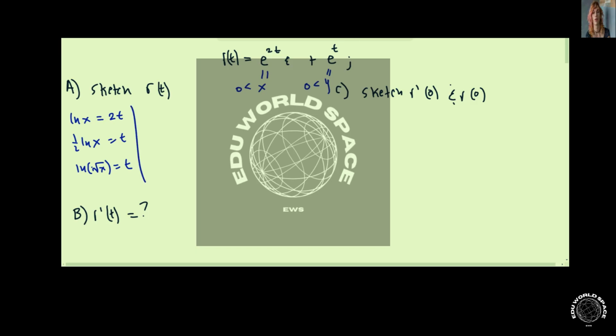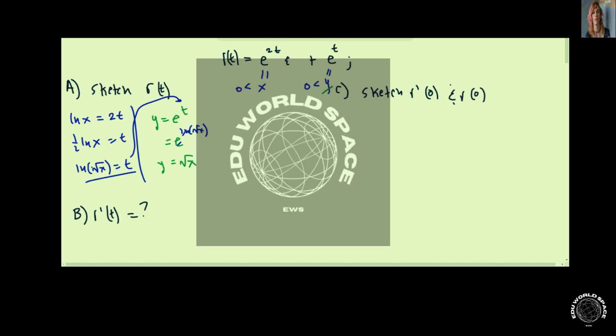Now, let's use this fact here that y is equal to e to the t. And now we're just going to take this and plug it in for t. So it's going to be e raised to the natural log of the square root of x. The e and natural log cancel out, and we're just left with y is equal to the square root of x.